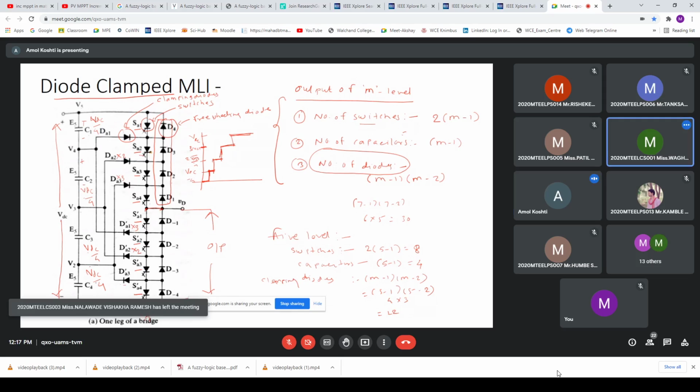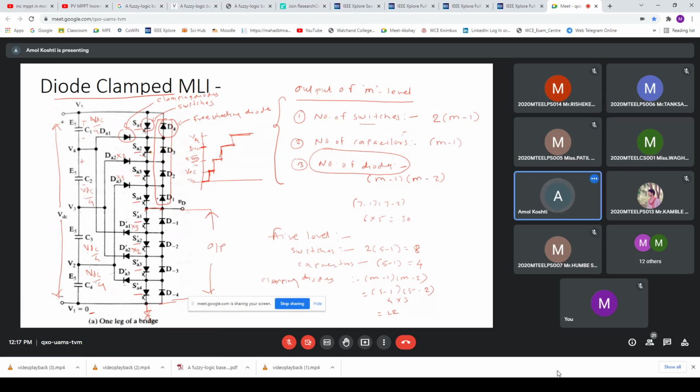Hello, sir. Yes. Sir, why are two or three clamping diodes required in the branch? You see, here we have only one switch. Look at this SA1 we have.